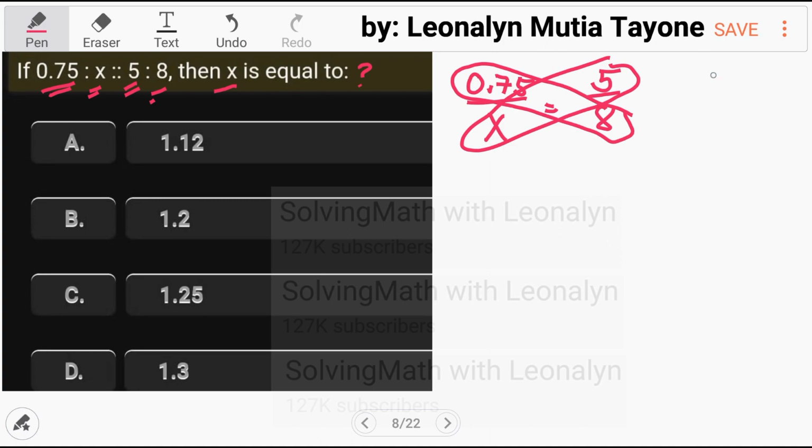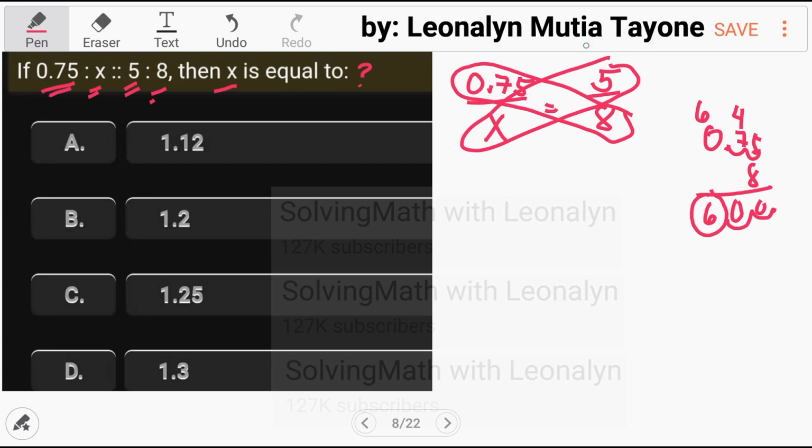0.75 times 8. Isa-isahin natin yan. 0.75 times 8. So this is 40, carry 4. 7 times 8 is 56 plus 4, 60. 8 times 0 equals 0. Tapos, that is 6. Ang decimal 1, 2.